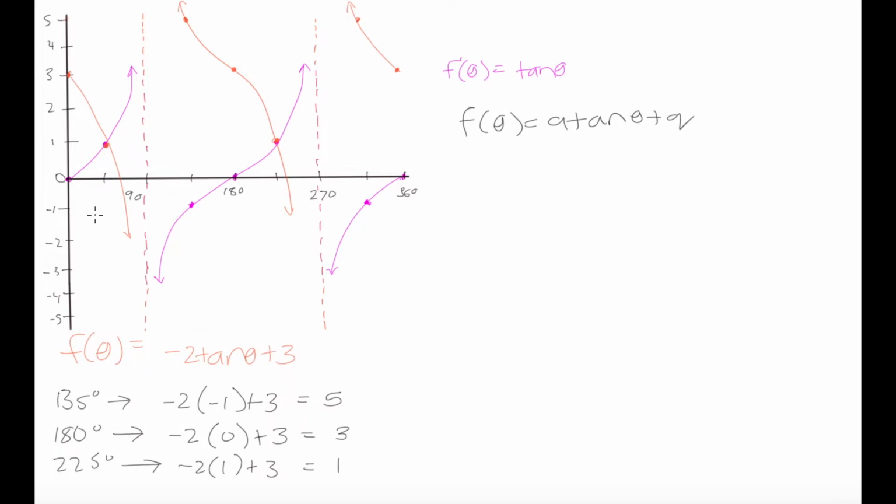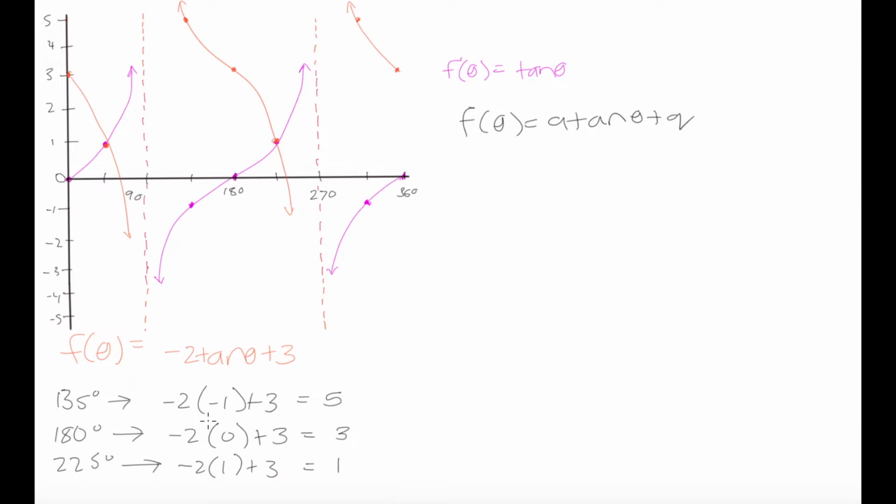So we know that tan theta was 0 over here, and over here, and at all of these points our new Q value is going to be 3. And once we have that point, then we don't even need to calculate these other 2 points, because just knowing that there is a distance of 2 units in between those points and knowing the sign is going to tell us exactly how our graph is shaped.